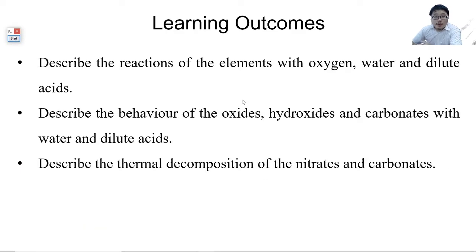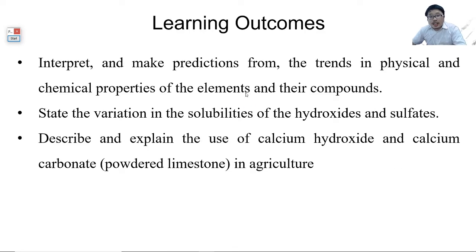We're going to talk about the reactions with oxygen, water, and dilute acids. Then we're going to look at the behavior of oxides, hydroxides, and carbonates with water and dilute acids. Then we're going to look at the solubilities of hydroxides and sulfates, and then some uses of them. So relatively straightforward.